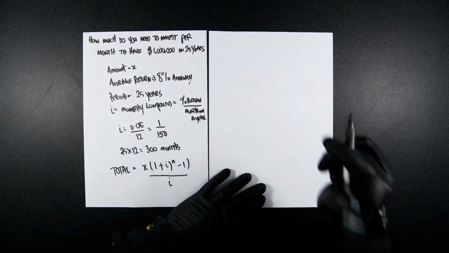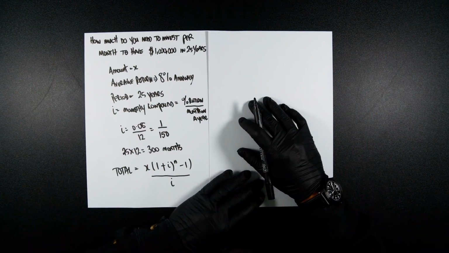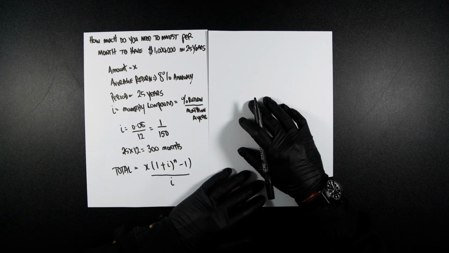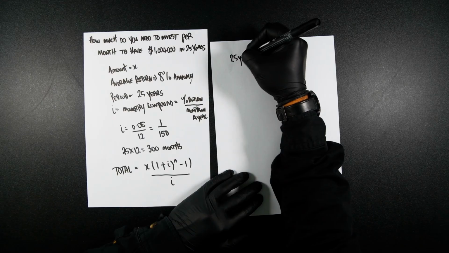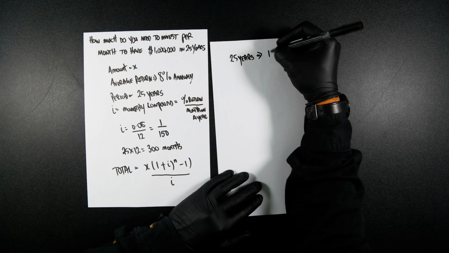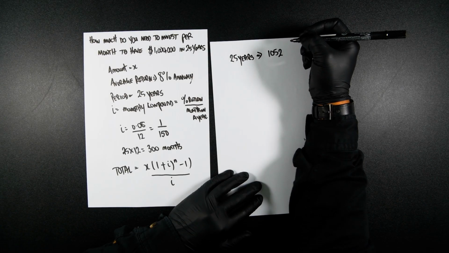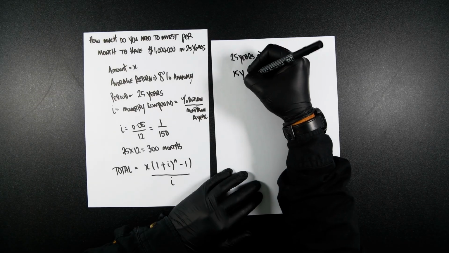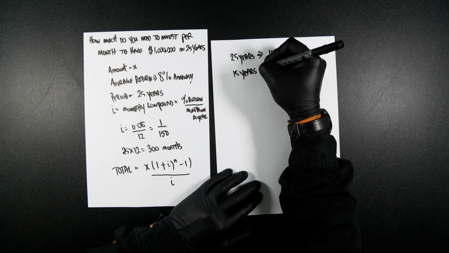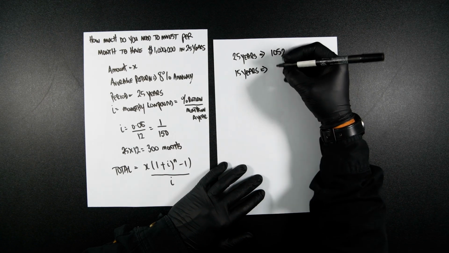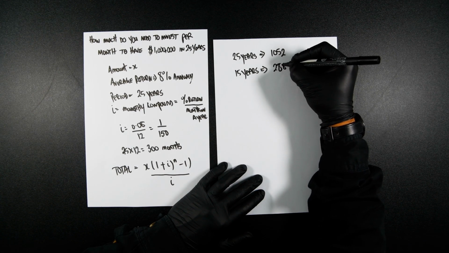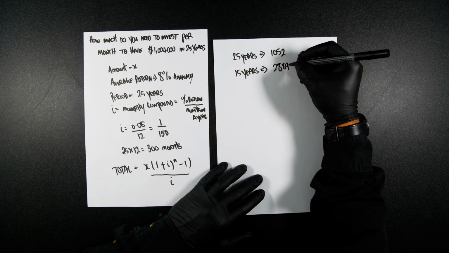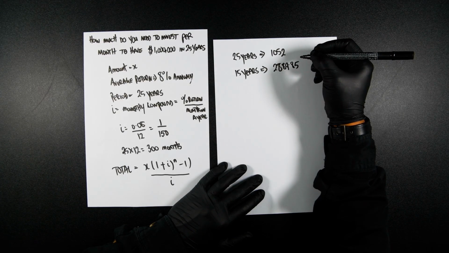Let's say you're a little bit more ambitious and you somehow have more than that every single month. So we know that for 25 years to have £1 million or dollars, you need 1,052. But what about 15 years? Using the exact same method, it would be about 2,889.85 per month.